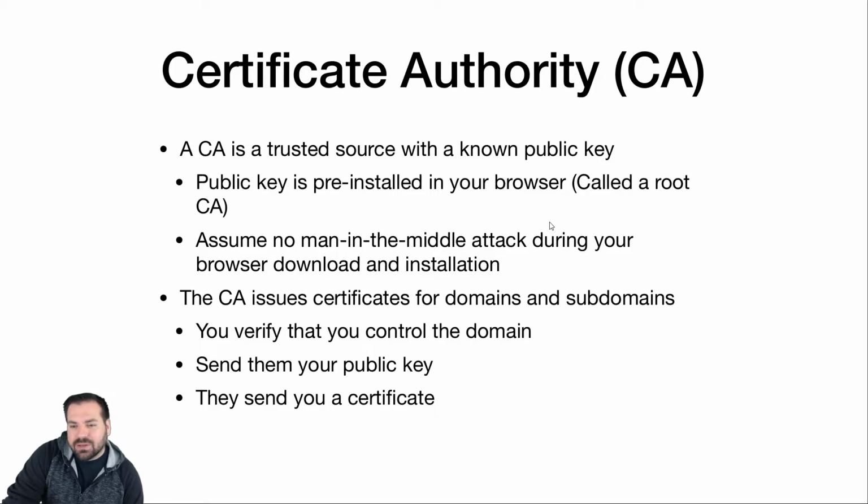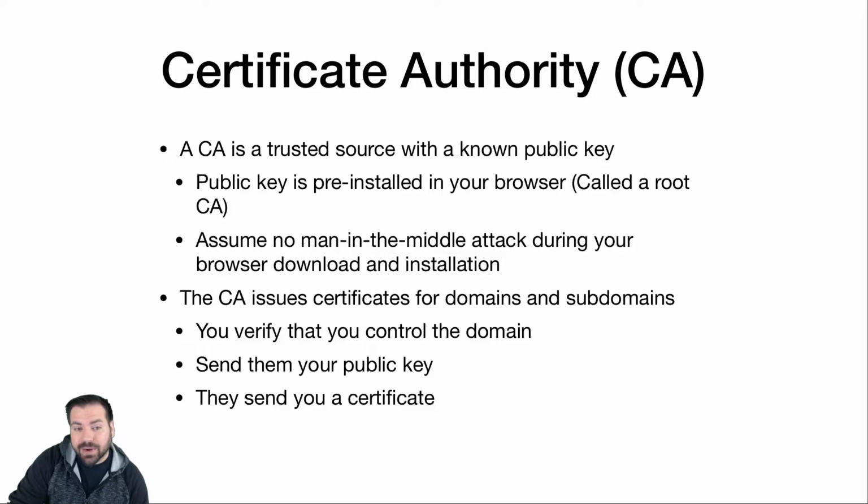And we usually assume that your operating system, while you're installing it, that nothing went wrong there as well. So when we get these root CA certificates, that's where our assumption starts, that our root CA certificates, or rather public keys, I haven't talked about what a certificate is yet, but the public keys for the root CAs, what we call a root certificate authority, we assume those are secure.